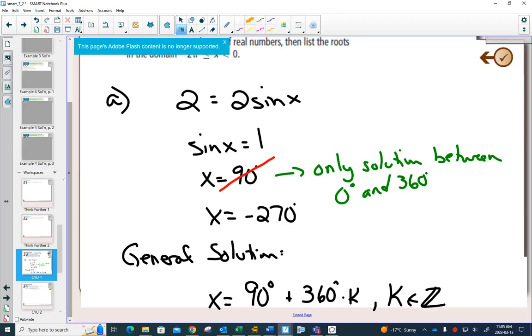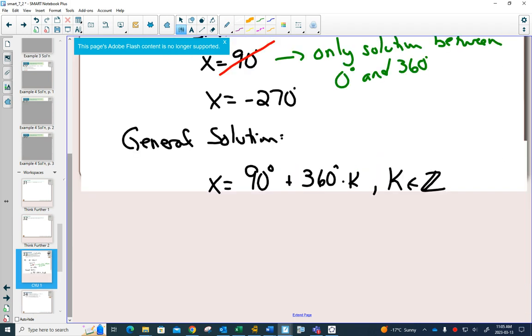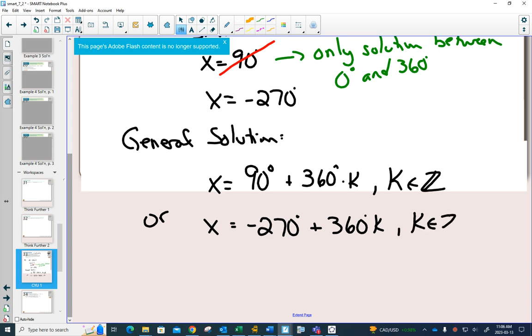Now, in your textbook, if you looked at the back of the book, in this case, I'm going to write "or" here. The textbook sometimes will write this. And they might have even done that for this answer if you look at the back. This is the same thing. They chose to take the answer that they got from part A and use it instead.